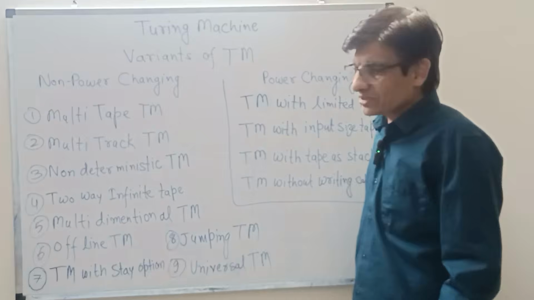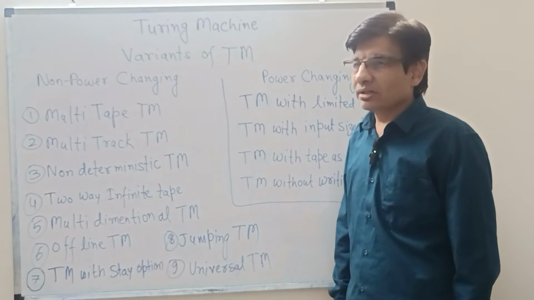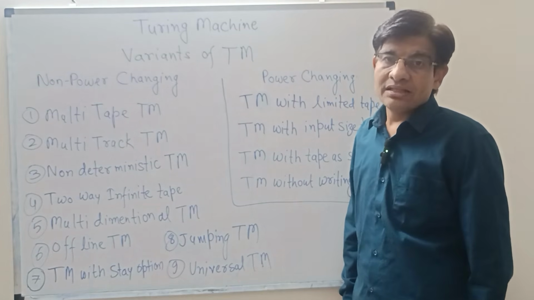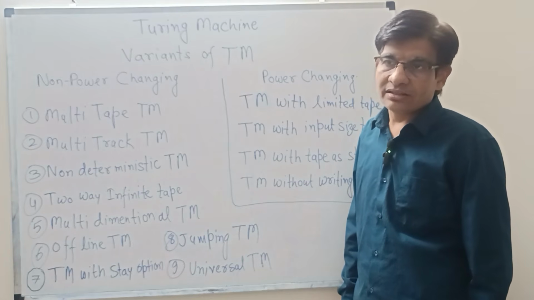Now the question is, what do you mean by the power of Turing machine? The power of Turing machine we are considering here as the number of languages it can recognize or it can work on.